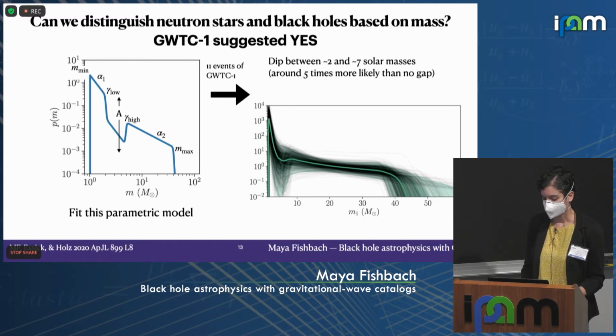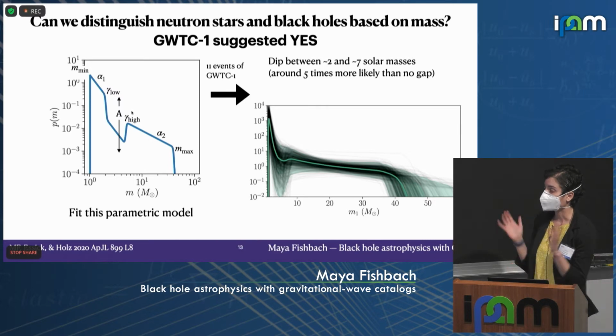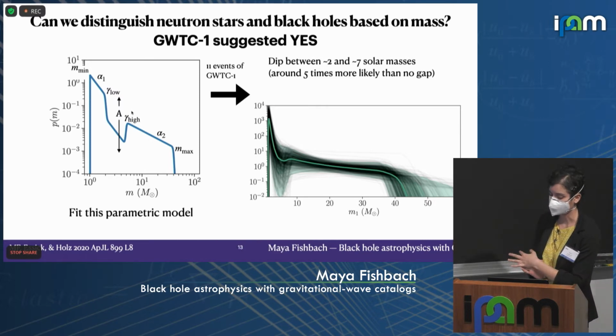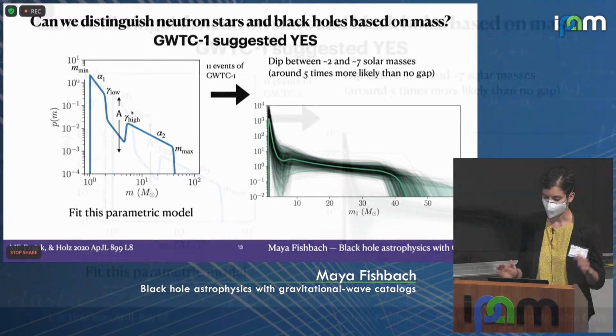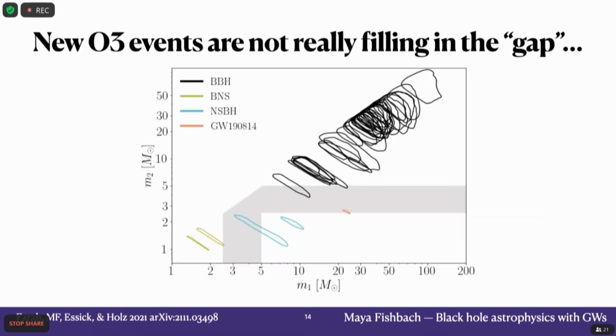This is now showing the fit of the data to that model, and we found that, yes, if you tried to fit a single power law all the way from the black holes to the neutron stars, that was a bad fit. There definitely was some feature between neutron stars and black holes. We couldn't really tell if that was a gap or not. But there was something there, but it was only 11 events.